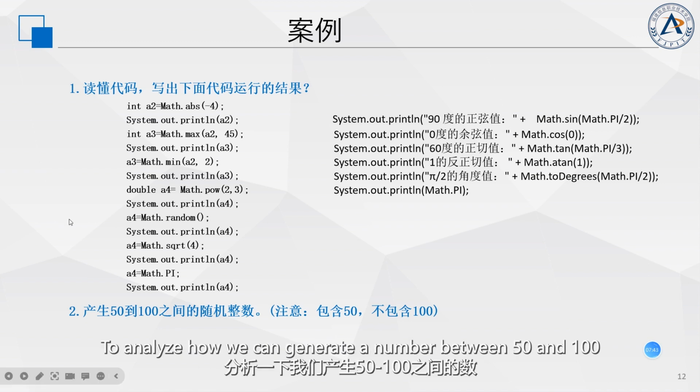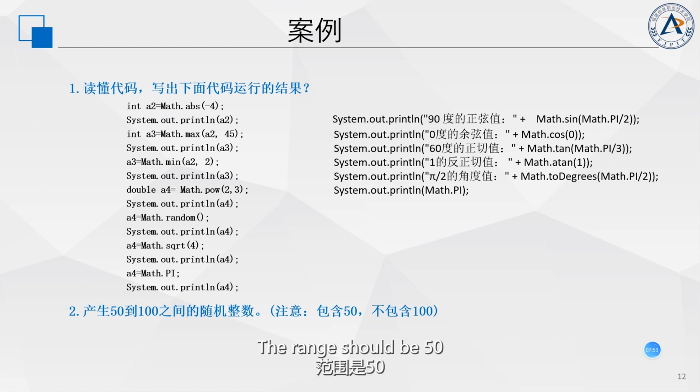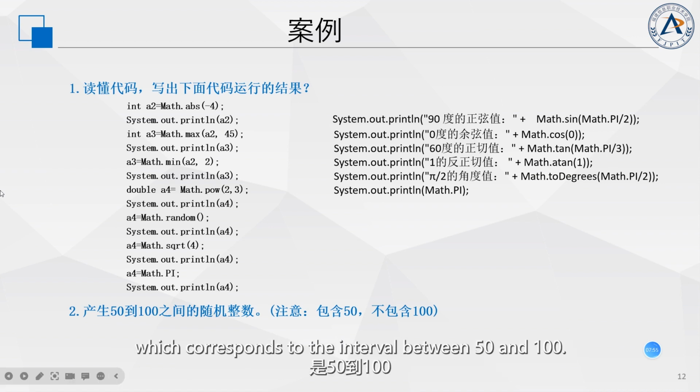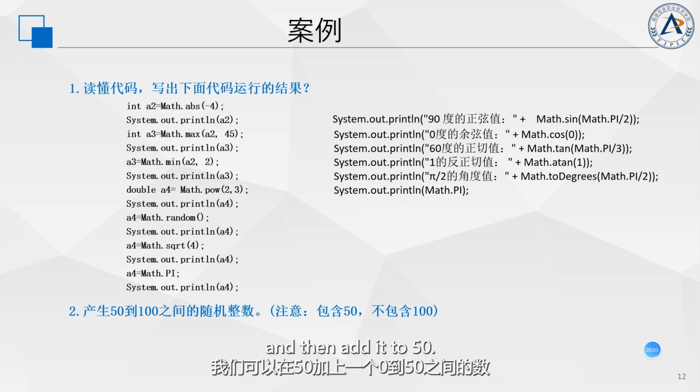To analyze how we can generate a number between 50 and 100 with random fluctuations, we need to determine the range of random fluctuations first. The range should be 50, which corresponds to the interval between 50 and 100. To achieve this, we can generate a random number between 0 and 50, and then add it to 50.